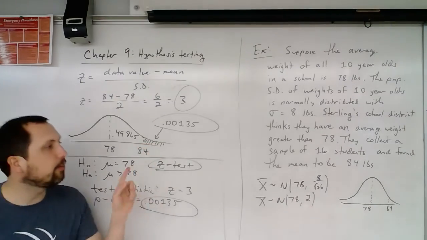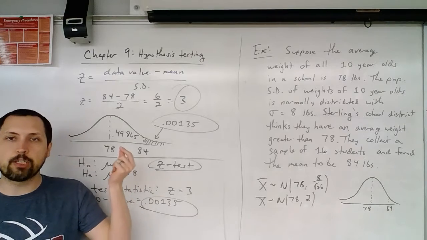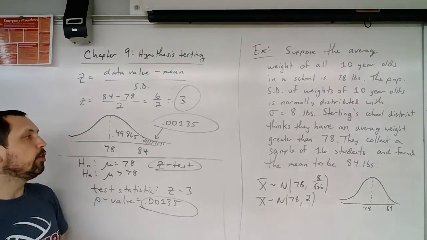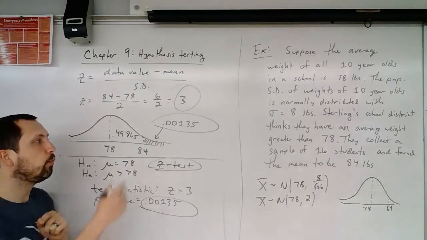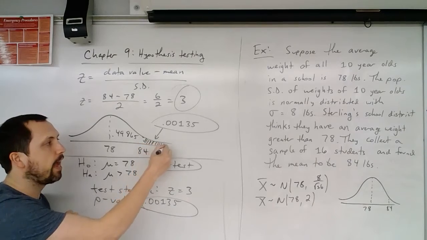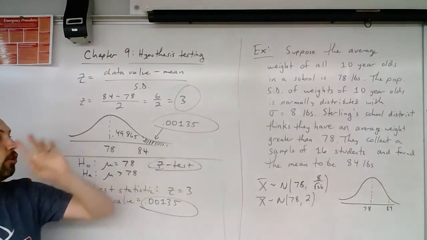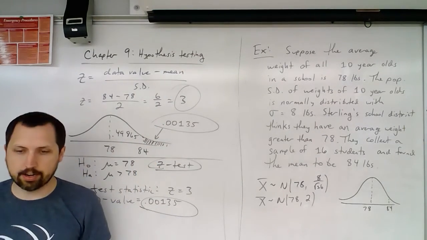Because remember, the p-value is the probability that we have another sample that is as extreme or more extreme than the sample we just collected. In this case, because the alternative hypothesis is larger, we had this area that we could imagine shading in; that's what it means to be more extreme. So our p-value is exactly that area over there.